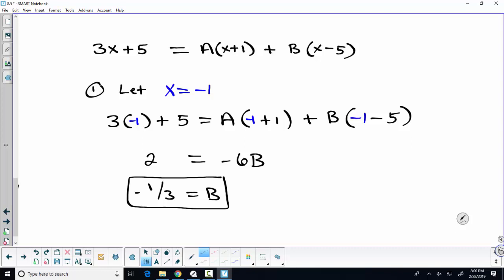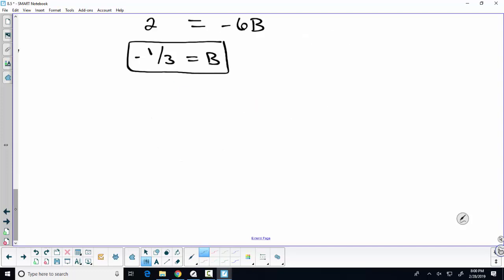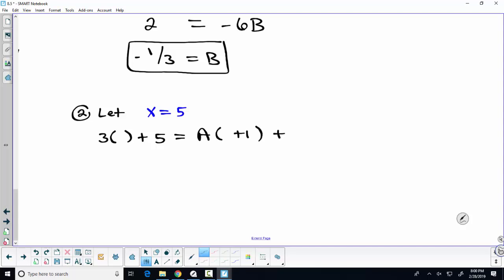Yep, exactly. And to get A, all we have to do is choose x equals 5. But really, we've got just 2 things we're solving. Once I have B, I can find A. But in the manner that we've written this out, it's easier from this point to choose x equal to 5 to get rid of B. Is that right?